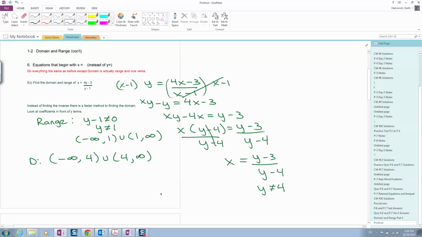There is a shortcut that I will tell you now that we've done this. The shortcut is to look at the coefficients in front of the y terms, the 4 and the 1, and divide them. Notice 4 over 1 gives you 4, and that is what the domain will be.